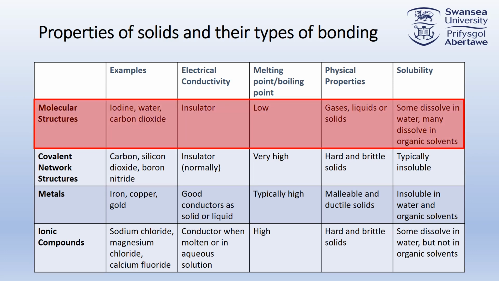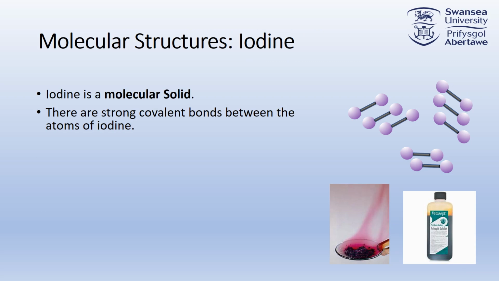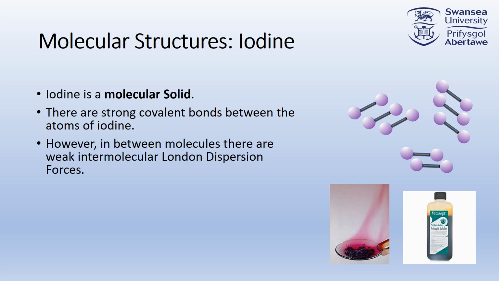Okay, so moving on, we're going to start by looking at iodine as a molecular structure or molecular solid. Okay, so iodine, as we know, is a diatomic molecule. It's covalently bonded. Here we have nice covalent bonds, strong bonds to achieve basically its inert gas configuration. Although those covalent bonds between iodine atoms are strong, the intermolecular forces between them are very weak.